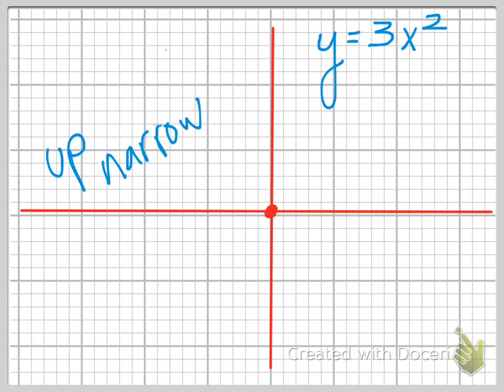Okay. Then what if I was 2? Well, 2 squared is 4, and 4 times 3 is what? It's 12. That's going to put me at 2, 12, right there. And then on the other side, negative 2, 12. It's about as one of the skinniest ones you can do, right? Whee! And there it is.